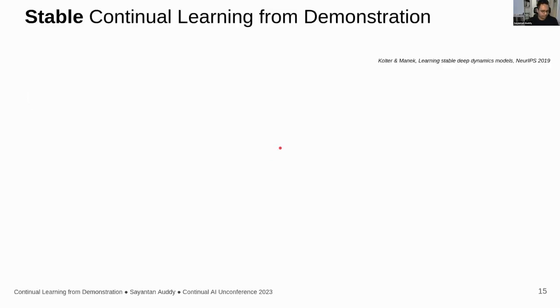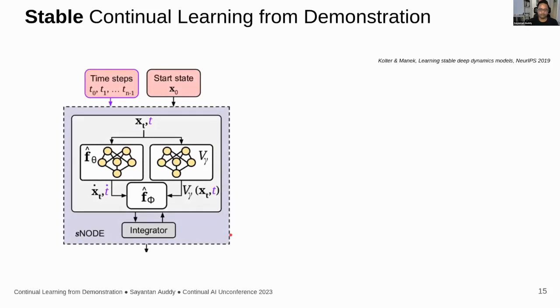So first up is this concept of stable learning from demonstration. To do that, we use this model that was proposed in this paper by Coulter and Manik. Here, the neural ODE has a simple neural network. So this is a nominal dynamics model similar to the neural ODE that I spoke about earlier.